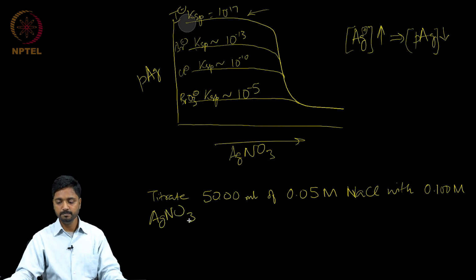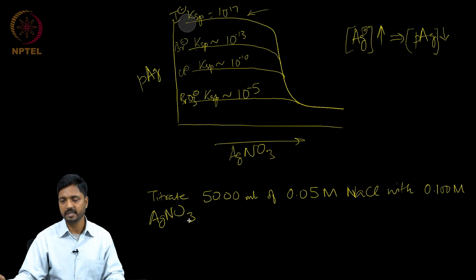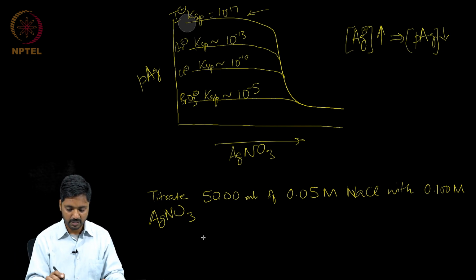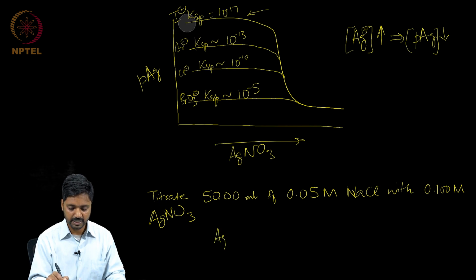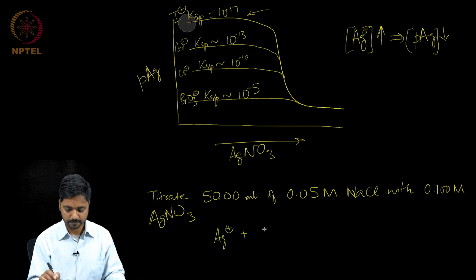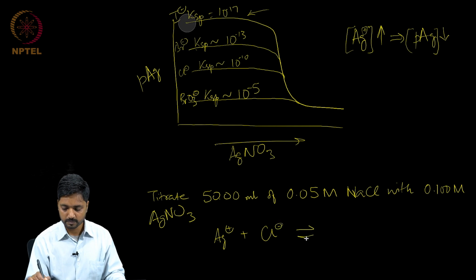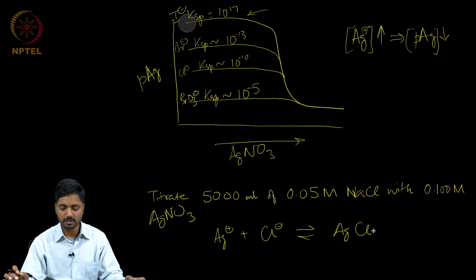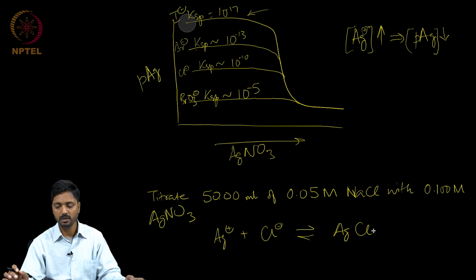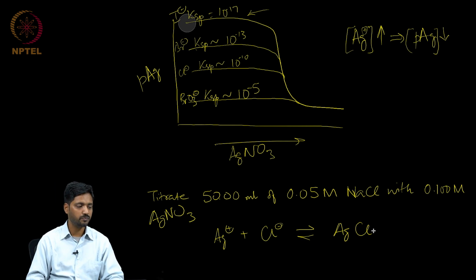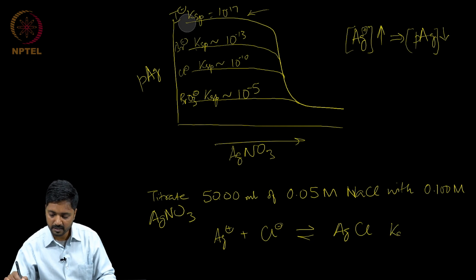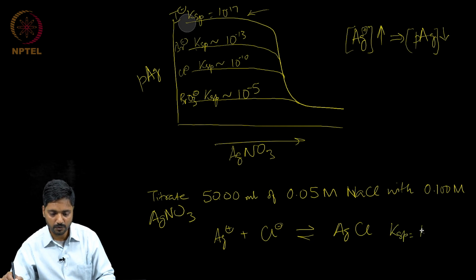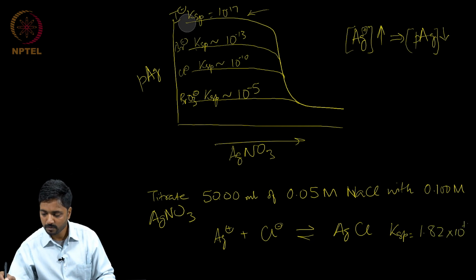We will be adding silver nitrate to the sodium chloride solution and seeing the formation of silver chloride, and any residual silver ion concentration will be plotted henceforth. And just to remind, this has a KSP value of 1.82 into 10 power of minus 10.